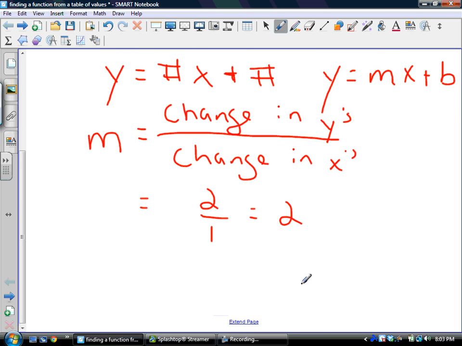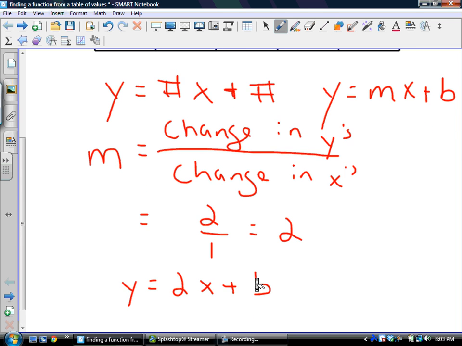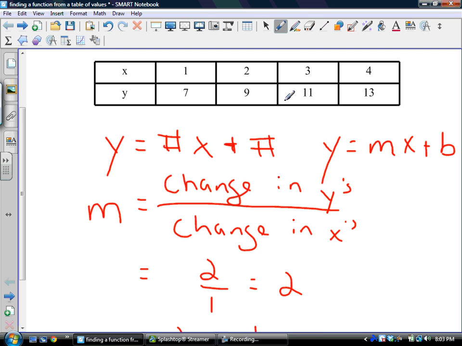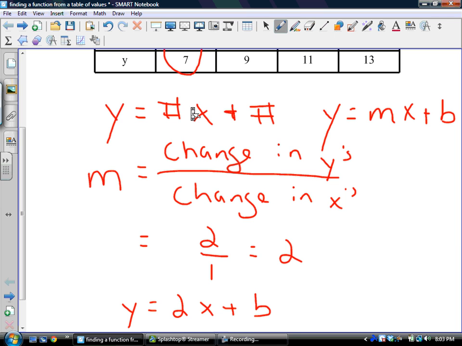So what we know now is I'm going to take my x value and multiply it by 2 each time. What I don't know is what I have to add or subtract to get the correct y value. The way I figure that out is by picking one of these 4 pairs and plugging them in for x and y.